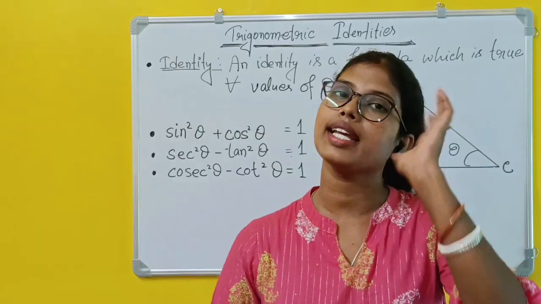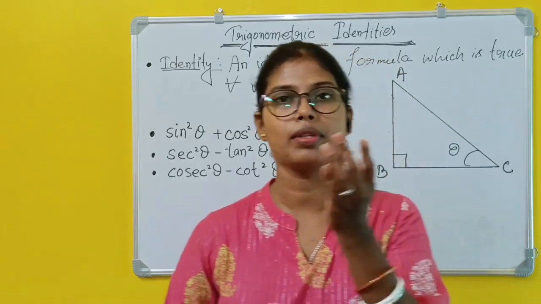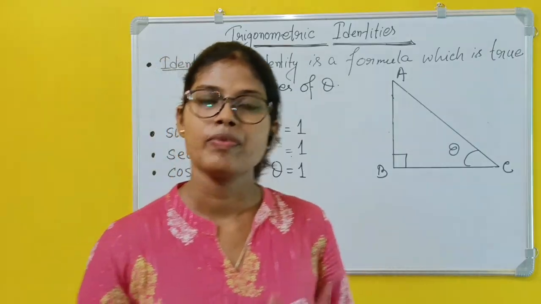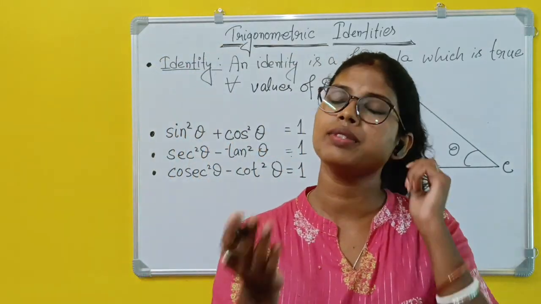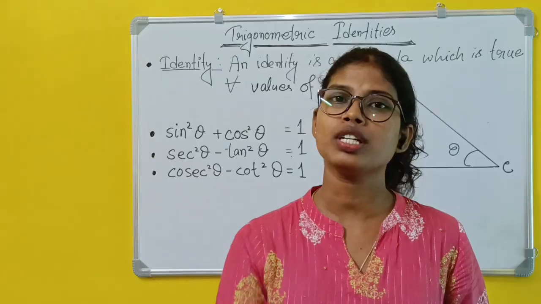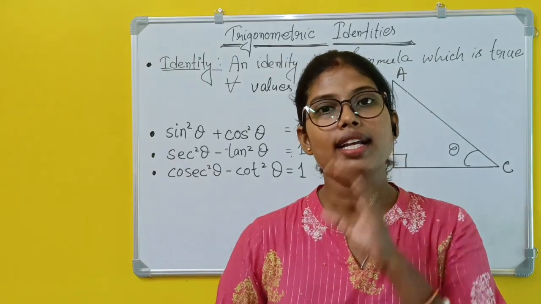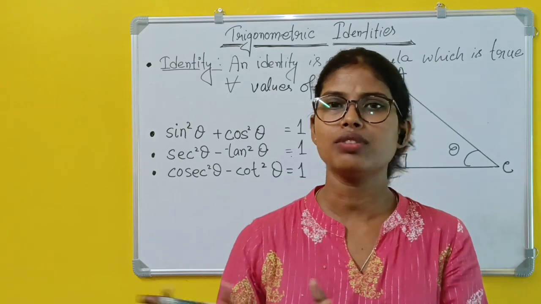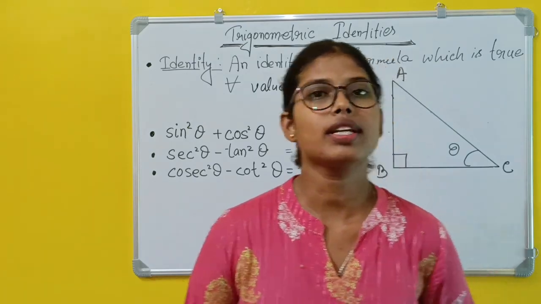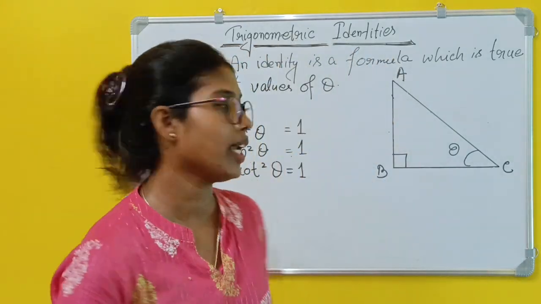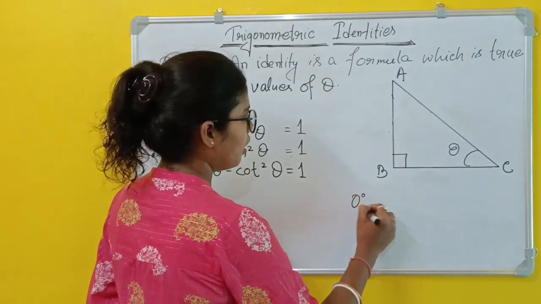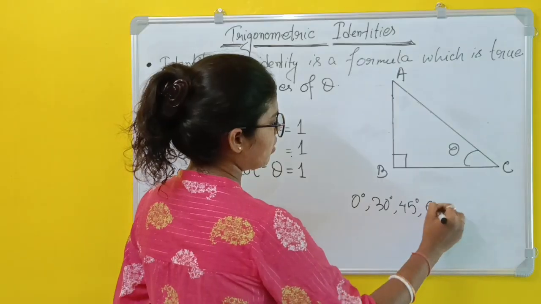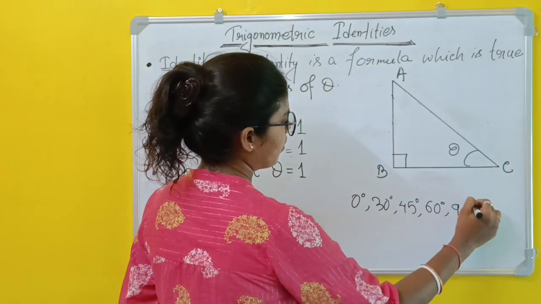That means if we take any value of theta, it can be 0, 30, 40, 45, 60, 90, these are the standard ones. But other than that, if we take 55, 65, 127, the identity is also satisfied for all those values of theta. So it does not mean that it will only be satisfied for the standard values like 0, 30, 45, 60 and 90.